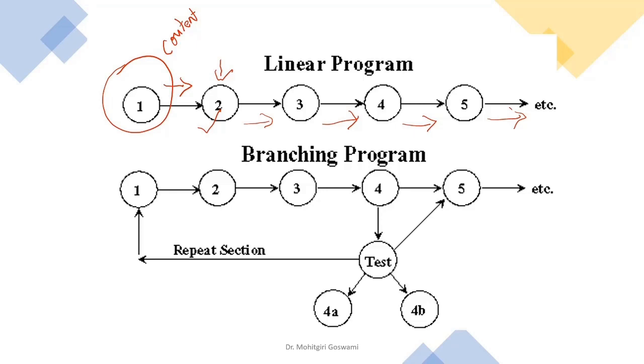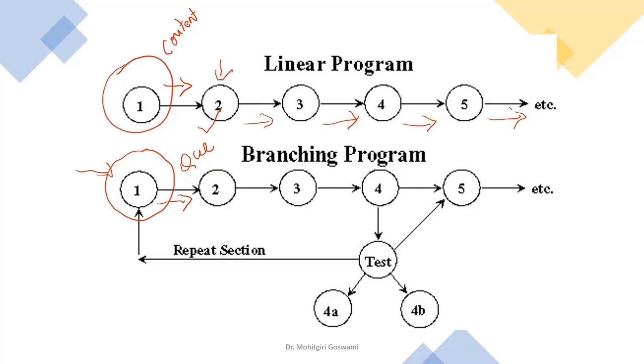While in a branching program, the student is directed to the first frame. Here the content will be larger than the linear program. You will have some questions over there, just like in a linear program. If his answer is true, then he will be directed to the next frame, same as in a linear program.